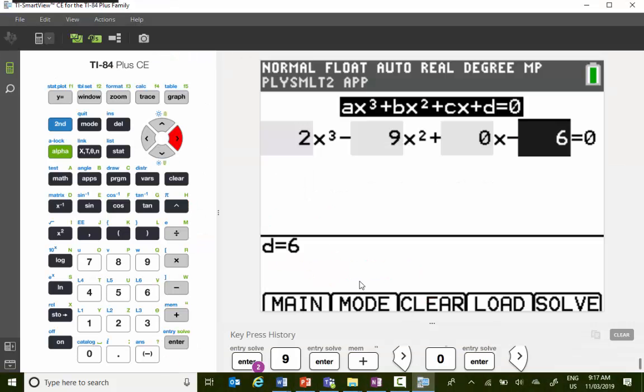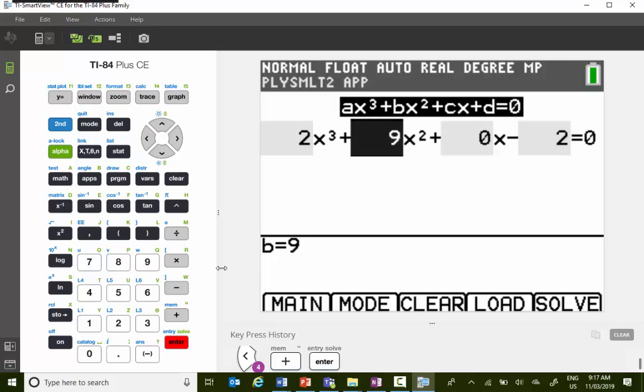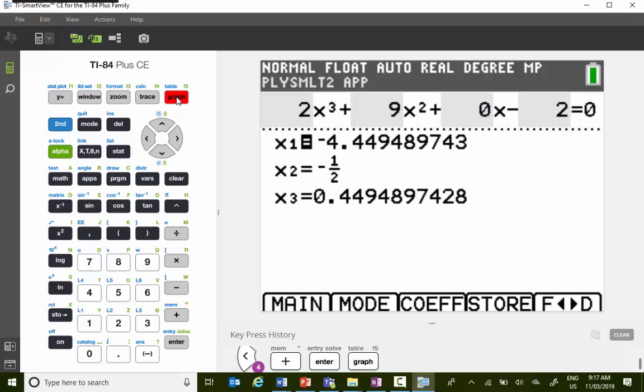So go back to here, and it's take 2, and I can scroll back to these ones here, and I'll just make that plus. Enter. Right, so now I've got my equation there, and I'm going to press solve, which is the graph button there. So it's given me those values, given me the negative a half there.